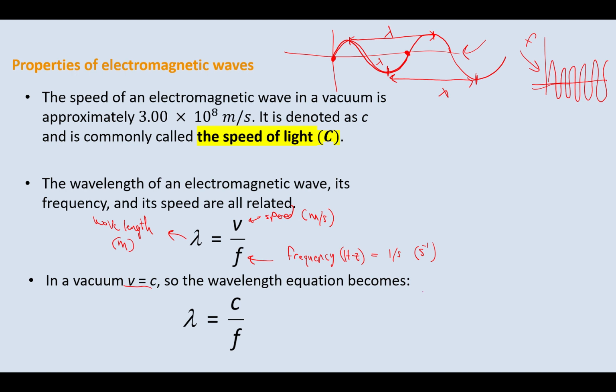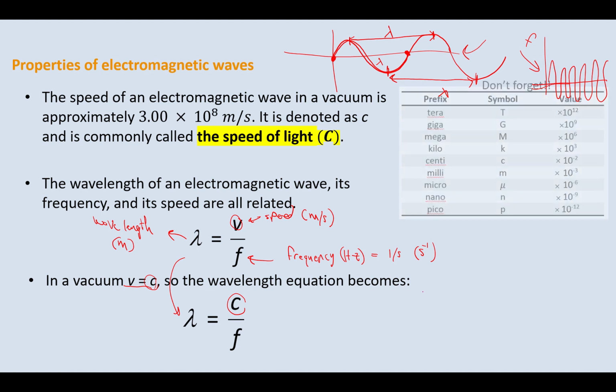In vacuum, we said that the speed of the electromagnetic wave is equal to c, the speed of light. So the equation becomes lambda equals c divided by f. Now it's very important that we memorize this table. Most importantly, the mega, the kilo, the centi, the milli, and the micro, as well as the nano.